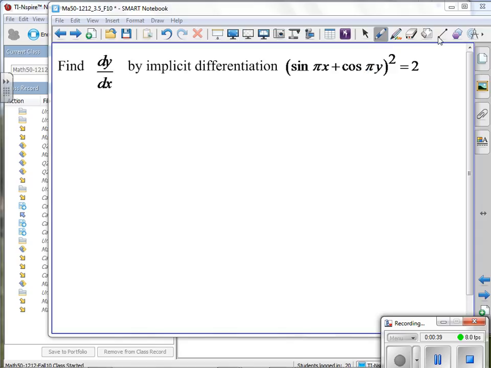I mean, wouldn't exactly be an easy thing to do. It would be a little more difficult, and we might as well just use our implicit differentiation. It's one of the tools we've got.